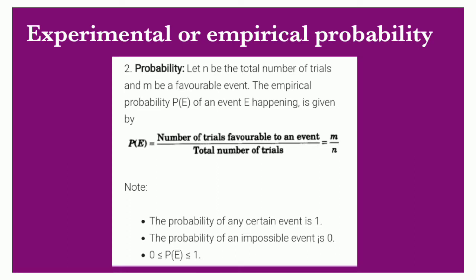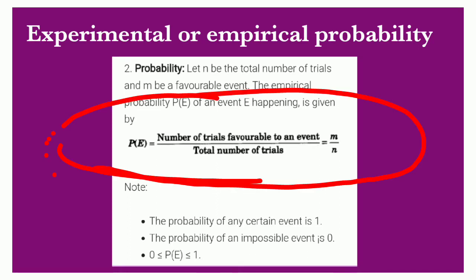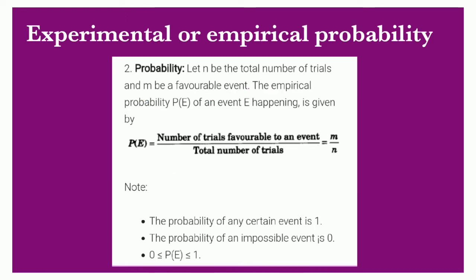Then we can find the probability by using a formula, that is experimental or empirical probability. Here let n be the total number of trials and m be the favorable event. The empirical probability P of E of an event E happening is given by P of E is equal to the number of trials favorable to an event divided by the total number of trials, that's equal to m by n.